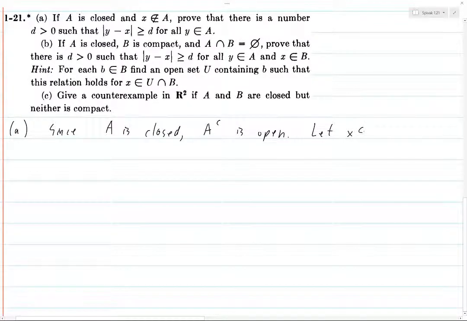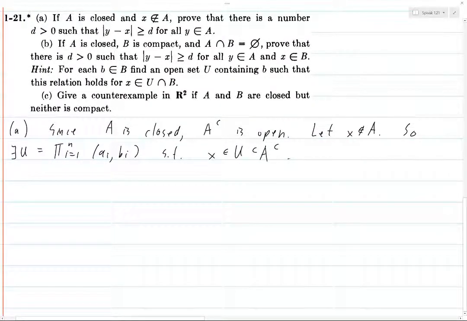Let X be not in A. Because the complement is open, there exists an open set U, which looks like this, the product of intervals from ai to bi, such that X is in U, and U is entirely contained in the complement of A. That's because A complement is open. So the fact that U is completely contained in the complement of A means that the intersection of U and A is empty.